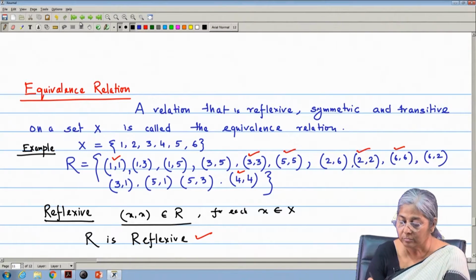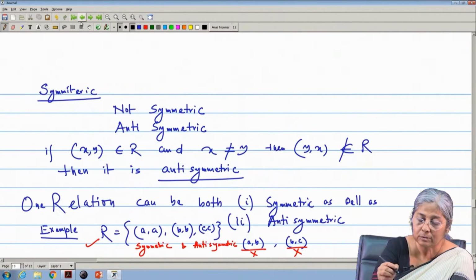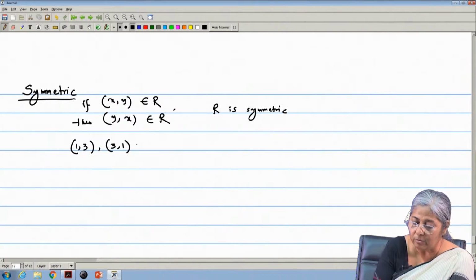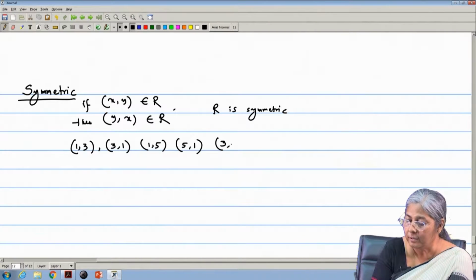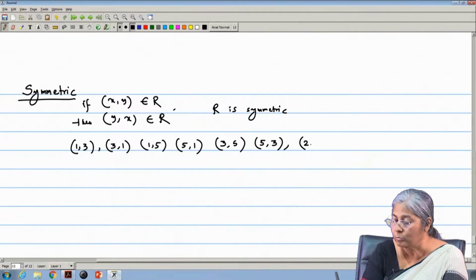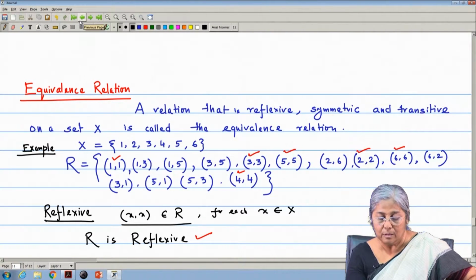We see that (1,3), (3,1), (1,5), (5,1), (3,5), (5,3), then (2,6), (6,2).